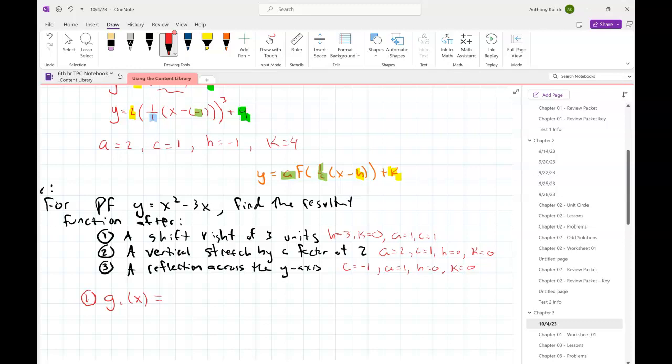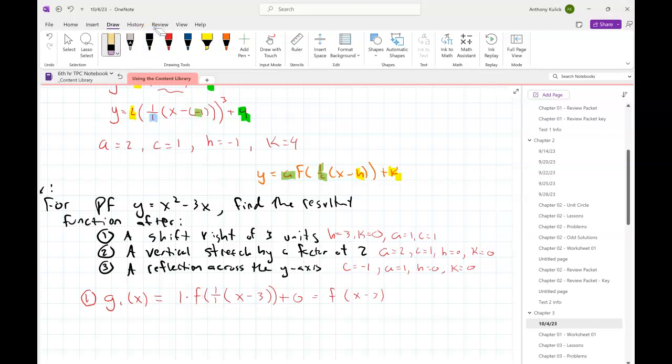So G1 is going to be A is 1 times F of 1 over C, which is 1, times X minus H, which is 3, plus K, which is 0. Or really, this is just F of X minus 3. Everybody's all right so far?